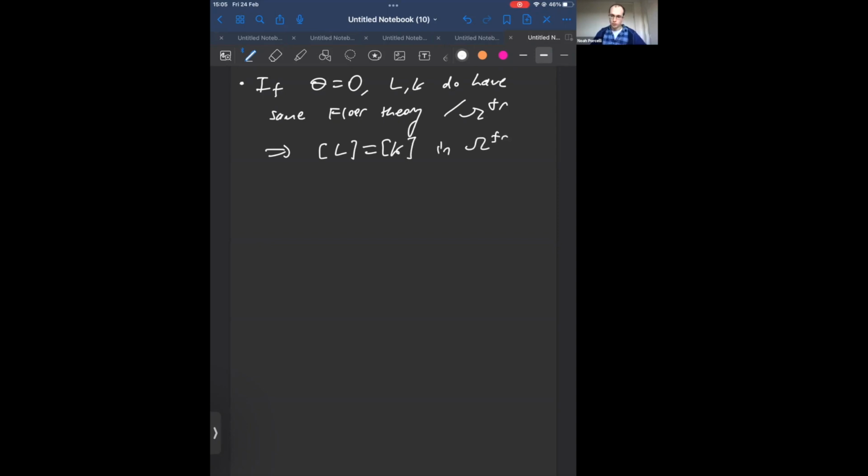But we don't have very much control over theta, is the problem. But what we can observe from here is that the goal that we wanted to study was the difference between L and K in the frame bordism ring in degree n, and the obstruction was in a different group. It's this class theta in the n-1 dimensional frame bordism group.